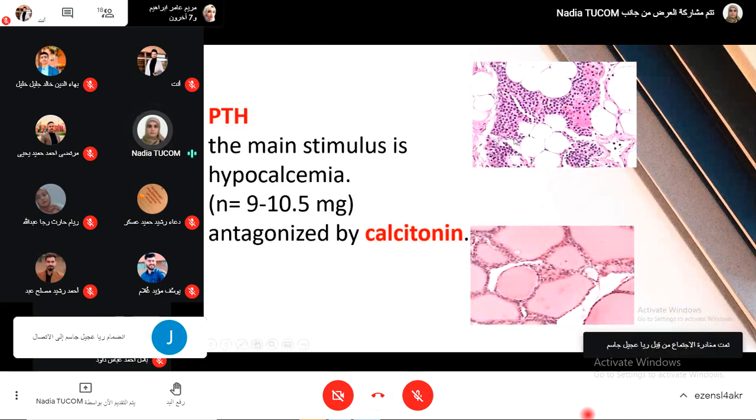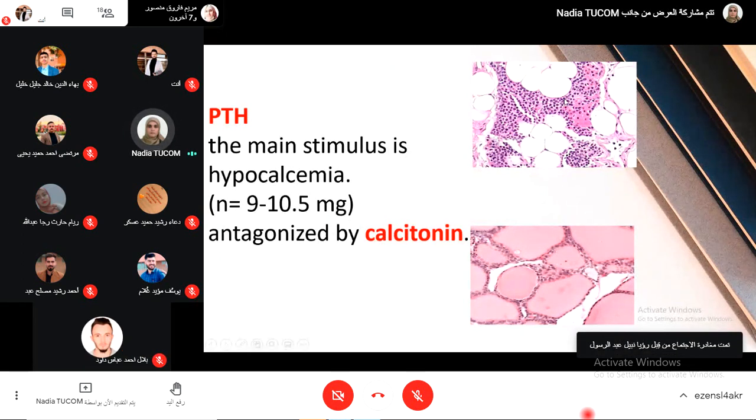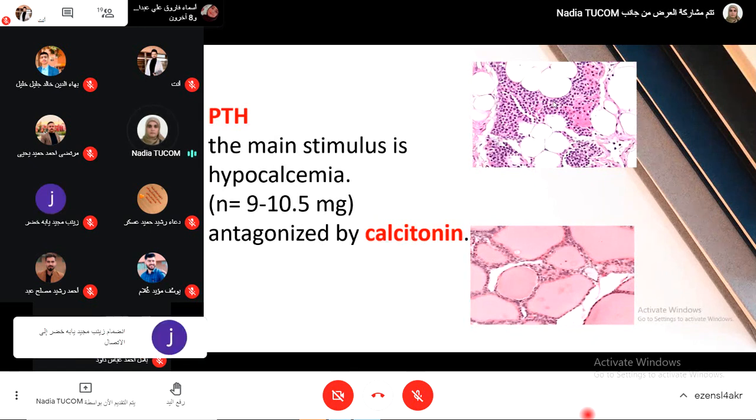What is the controller? What is the stimulus for secretion of parathyroid hormone? It is not under the control of a pituitary hormone or releasing hormone, but the stimulus for secretion of parathyroid hormone is the decreased level of serum calcium.